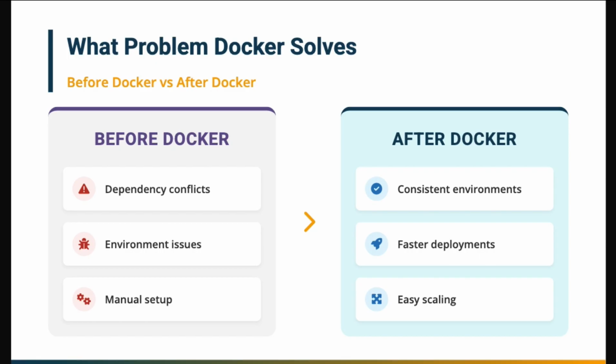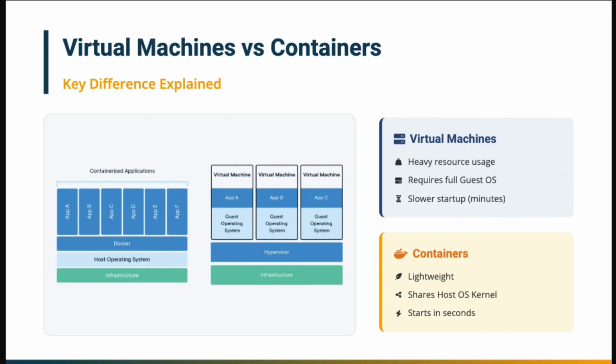Now let's look at the technical differences between containers and the older technology they often replace, virtual machines. When we talk about containers, the first comparison is always virtual machines, or VMs. The key difference is resource usage. VMs are heavy because they require a full separate guest operating system for every instance, leading to slow startup times measured in minutes.